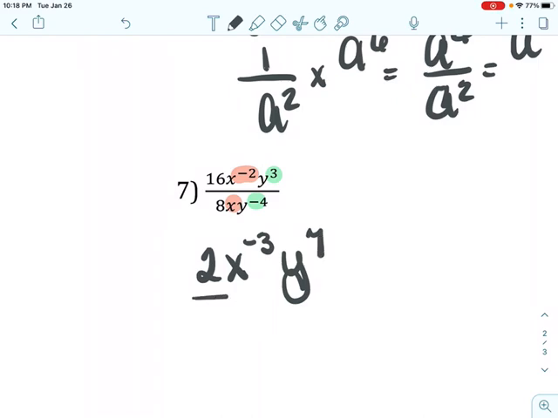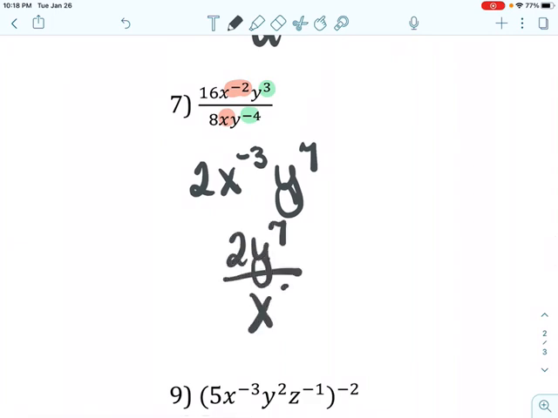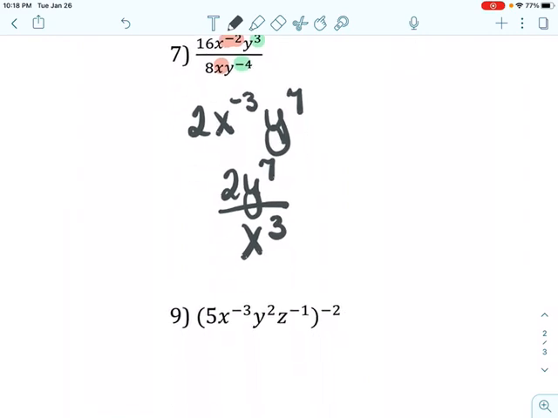Okay, so this negative 3 one, he has to move. So we're going to get 2y to the 7th over x cubed. I like these because they're like puzzles. You know, in my brain, I'm like, ooh, let's figure this out and break it down to something simple.